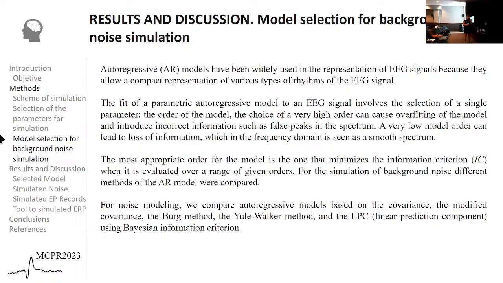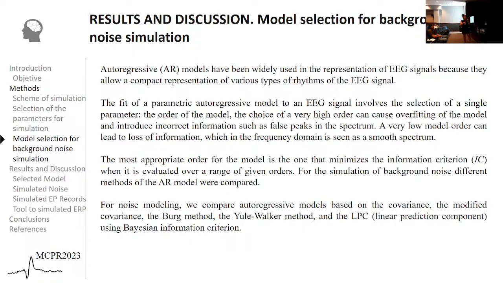For selection of the best model, autoregressive models have been widely used in the representation of EEG signals because they allow a compact representation of various types of rhythms of the EEG signal.